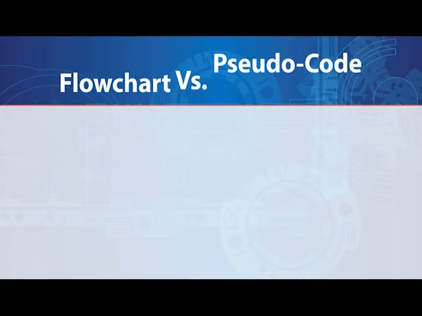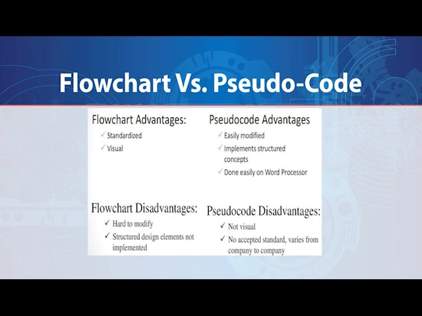So, flowchart and pseudocode have different pros and cons, advantages and disadvantages. Likewise, the flowchart can be standardized and it is quite visual, whereas the advantage of pseudocode is that it can be easily modified and it implements the structured concept and is done easily on a word processor. But there are some disadvantages: the flowchart is very hard to modify because the symbolic representation is clear and very specific.